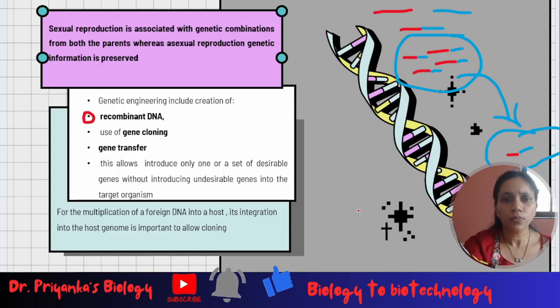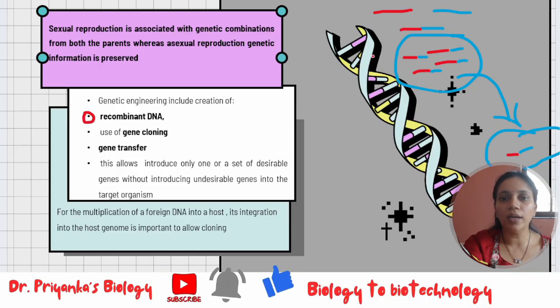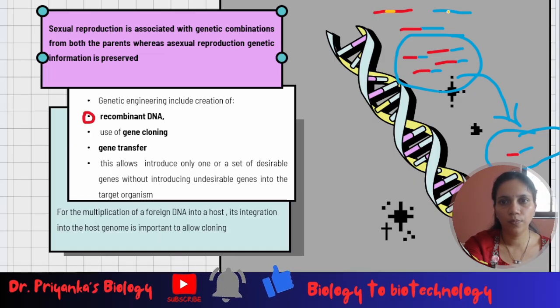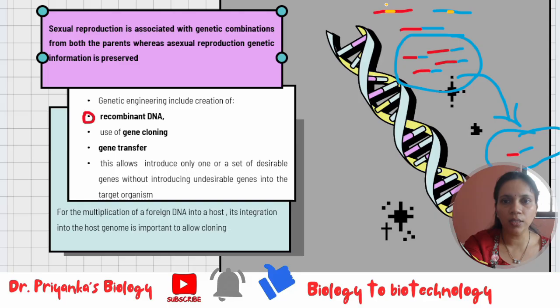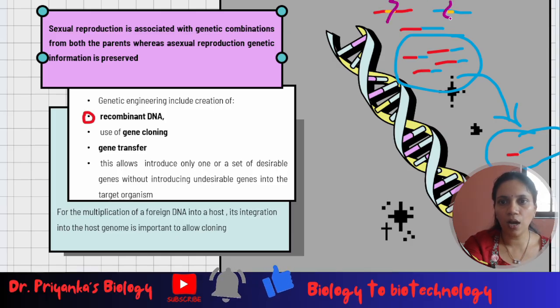Now, what has happened over here is that only the required set of genes has been transferred. Suppose this original piece of DNA had this yellow part also, but what we have done is we have removed this yellow part, and allowed only this red and blue part to be joined, right?